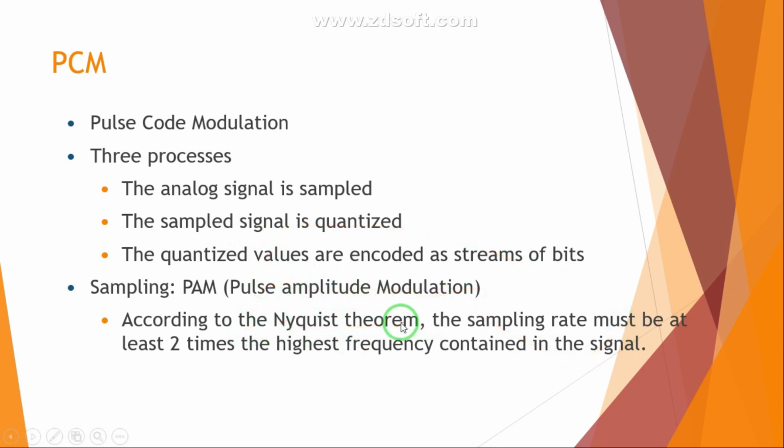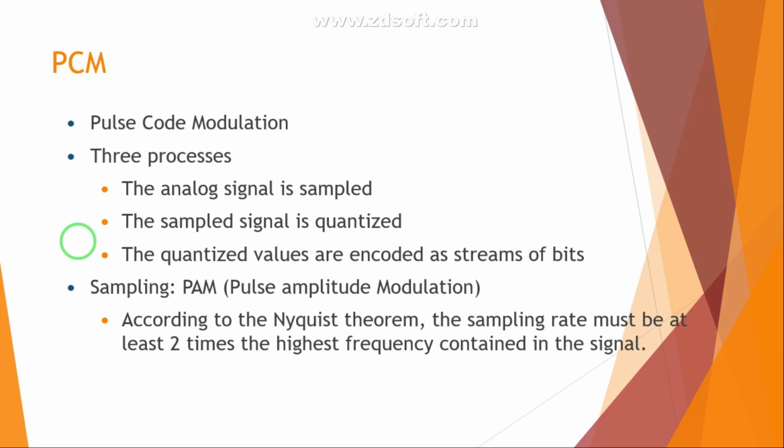According to the Nyquist theorem, guys, the sampling rate must be at least 2 times the highest frequency contained in the signal. Suppose that the analog, continuous time signal has a highest frequency of 4000 hertz. Then what should be the sampling rate? According to the Nyquist theorem, it should be at least twice the highest frequency contained in the signal.